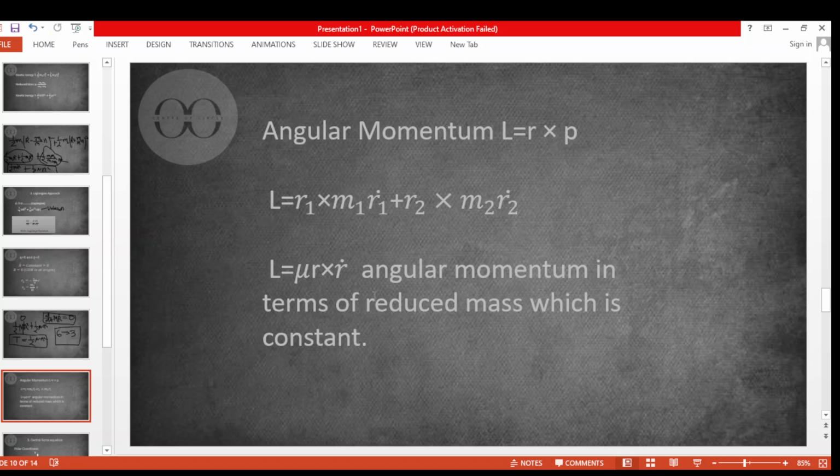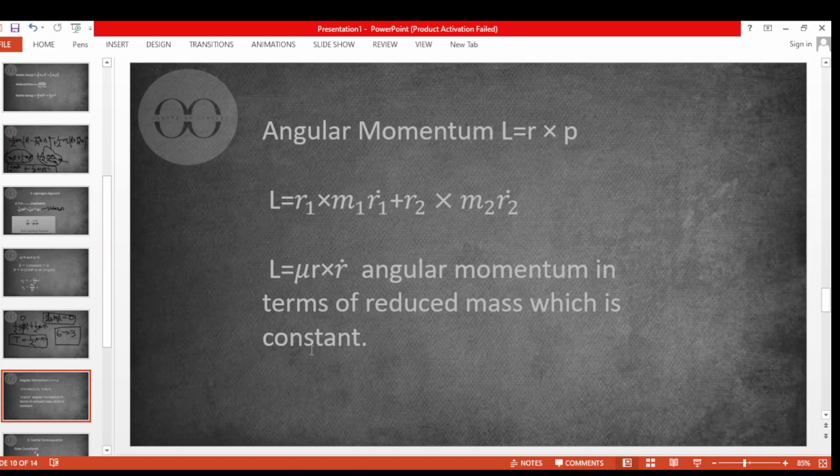It is a constant. Why is it a constant? Because our reduced mass term is a constant which we defined in our previous slides, and position vector r is constant, so r cross r dot will be constant. Angular momentum is a constant quantity, and here our angular momentum is written in terms of reduced mass.